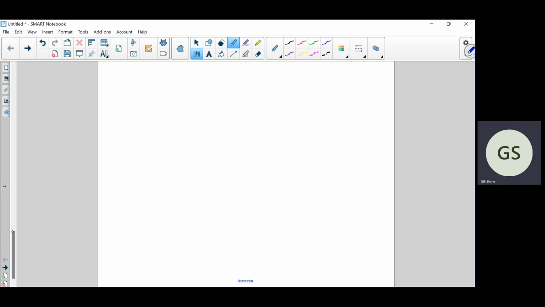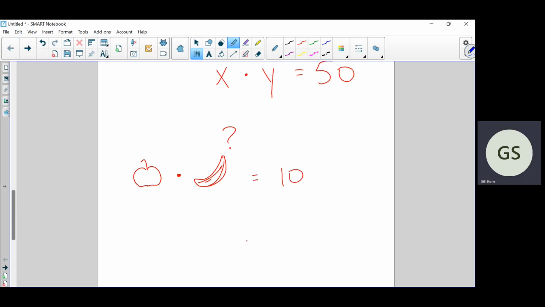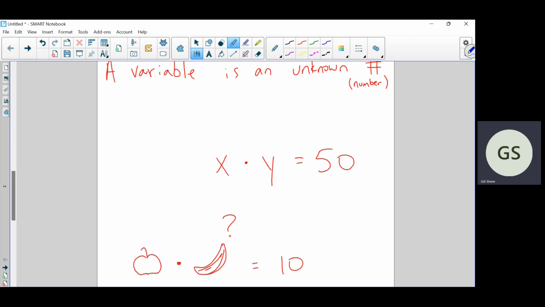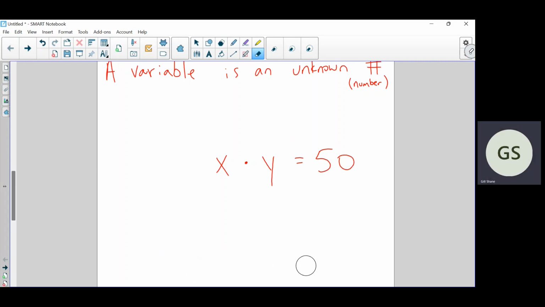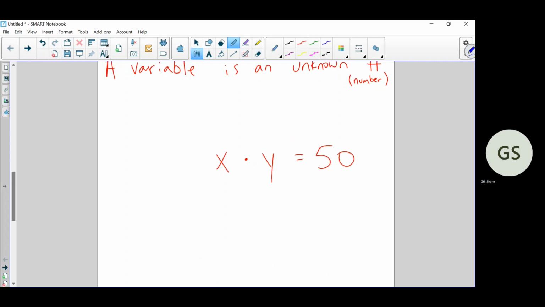All right, so let's go back. So we started this with a distributive property. Great. Okay, so again, this is where we have to build a culture of, I'm going to put forth some kind of effort in this class.